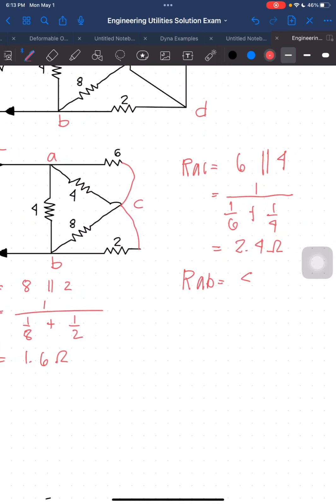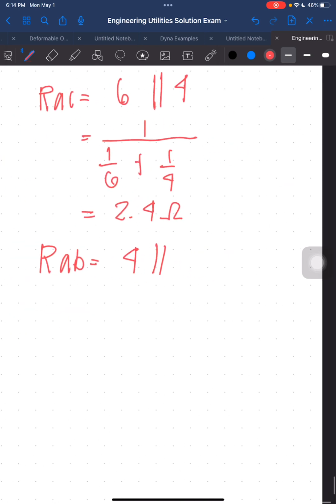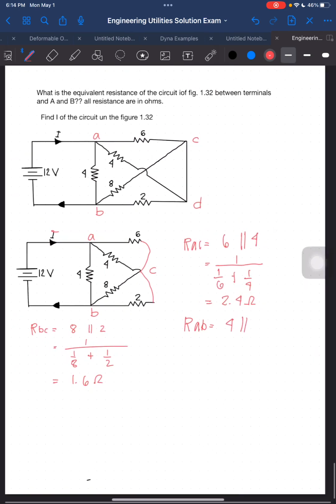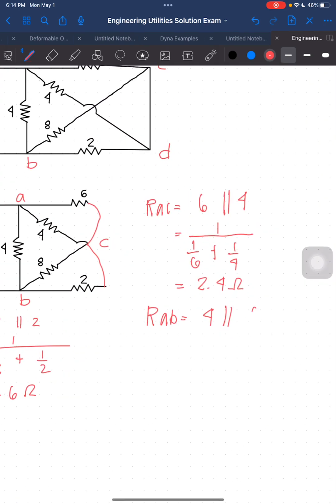RAB is equal to 4. Nakaparallel siya sa 2.4 plus 1.6 yung nakita natin kanina.